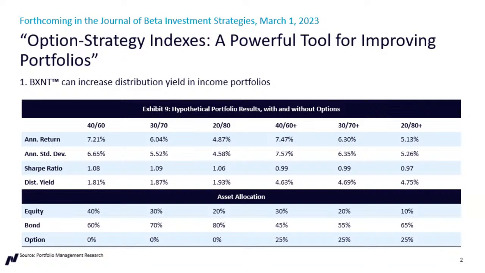In this historical sample, we were able to add nearly 3% annual distribution yield while increasing volatility less than 1%. Given the rate environment we've been in for the last decade, that actually more than doubled the distribution yield of a portfolio already focused on generating income. So a very powerful result without adding any additional risk.